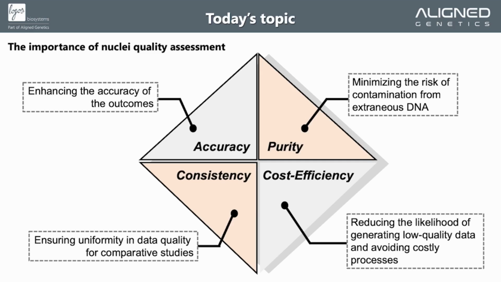It is crucial for comparative studies like genomic comparisons. Last, and perhaps the most important part, it promotes cost efficiency by minimizing low-quality data and avoiding expensive processes like sequencing. So ultimately, ensuring high-quality nuclei sets the foundation for successful outcomes in downstream applications.